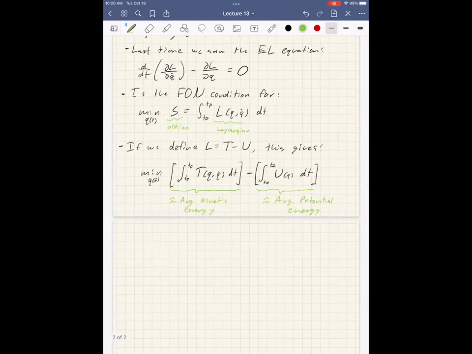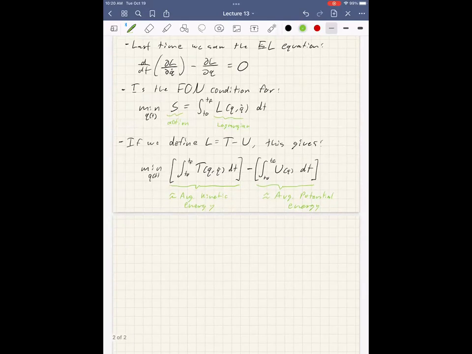Does everyone get that? Okay, so now what's happening here? Remember, this is a conservative system, so the whole thing has to conserve energy. So the total energy is the same over the trajectory. The only thing that can happen here is you can trade kinetic for potential energy. And so let's write that down.